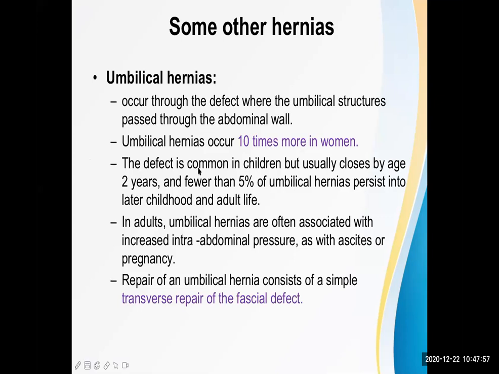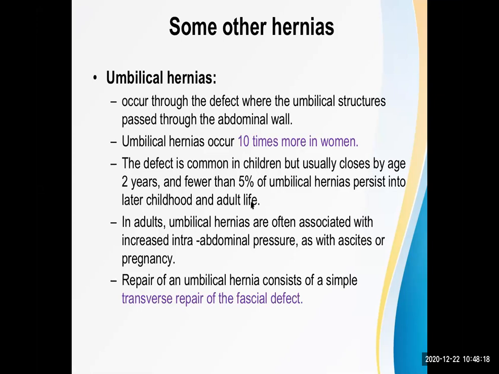The defect is common in children, but usually closes by age 2 years, and fewer than 5% of umbilical hernias persist into later childhood and adult life. Let me clarify this to make it easy for you. Sometimes when we look at the site of the umbilicus, it looks like a slight bulge there in a child.